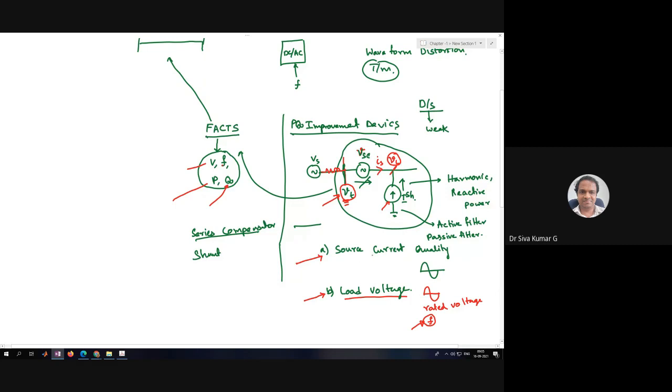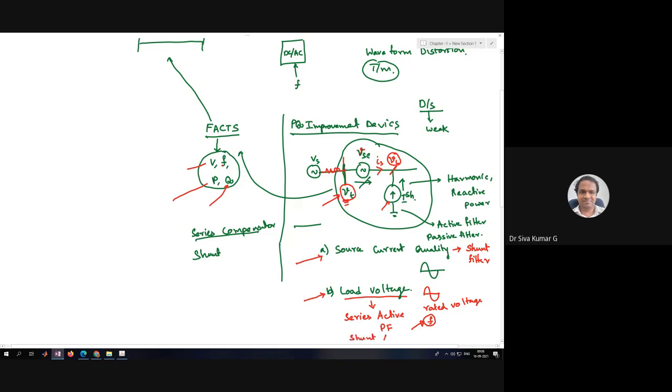The source current quality is improved by shunt active filters, whereas the load voltage is improved by series active power filters. In some of the literature they say we can use the shunt active power filter also.